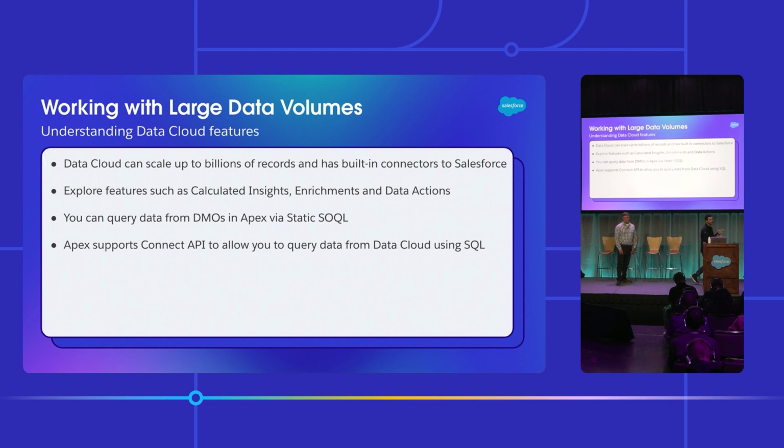So you see how you can use the powerful LDV capabilities of Data Cloud to power your applications, right? You can think of IoT data or any large volume data. It can be sitting in Data Cloud, and you can relate it with Salesforce objects. You can have a parent object in Salesforce and all these large volume objects in Data Cloud, and you can relate them through features like enrichments, and that's going to allow you to scale better.